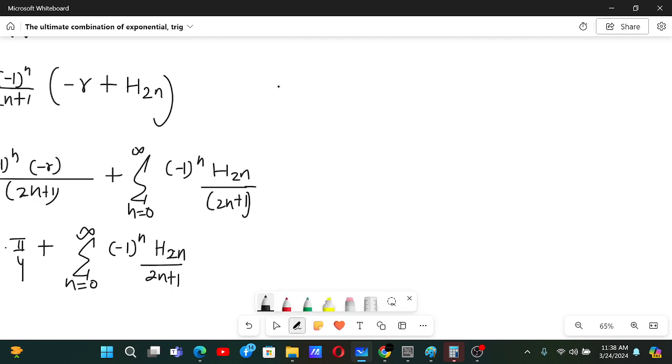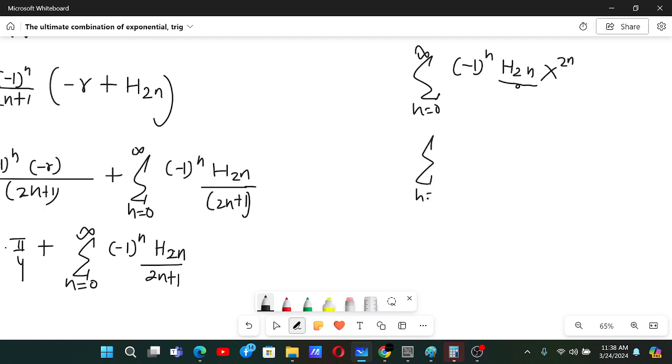So we begin with the sum from n equals 0 to infinity of (-1)^n H of 2n x to the power 2n. We begin with this because generally it's easier to find the generating function, and then we can integrate it to get this expression.